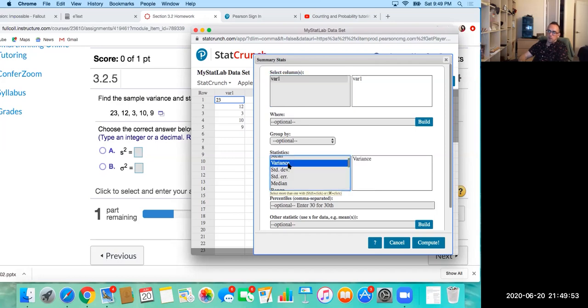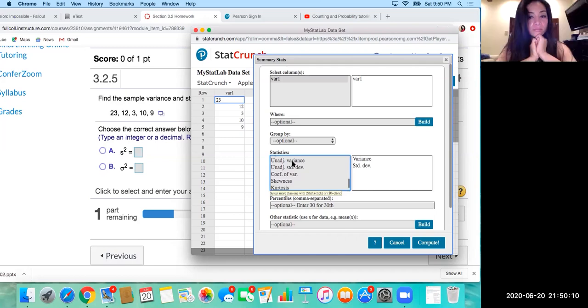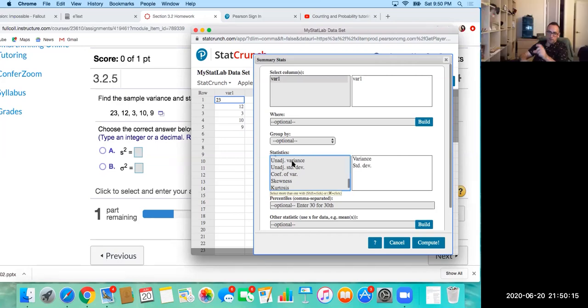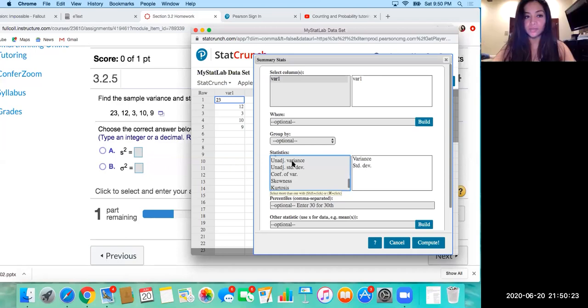And then click the standard deviation too. And scroll down more. Now look, it says unadjusted. That means population variance and population standard deviation. So keep that in mind, that there's two. There's the regular one, and then there's unadjusted. Keep that in mind for later.